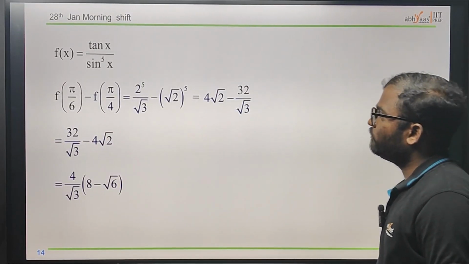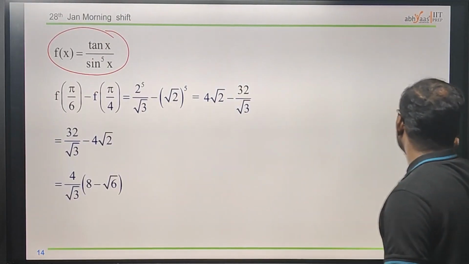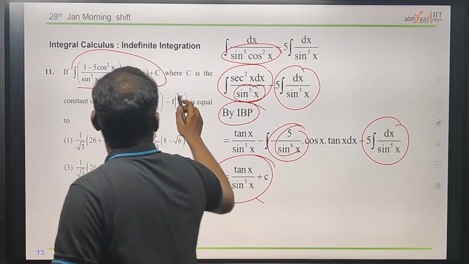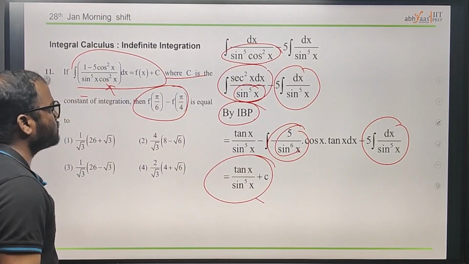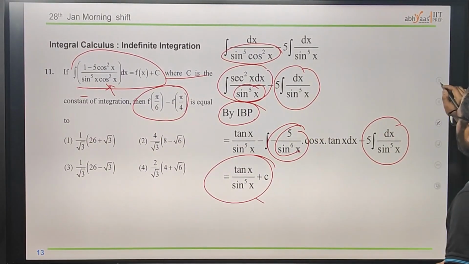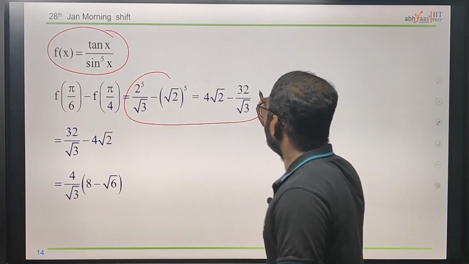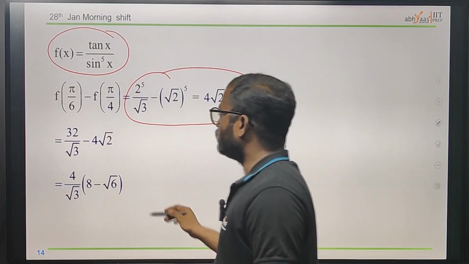Now if you see here, f of x will be tan x by sine power 5 x. We got this because c is a constant of integration, and we need to find f of 5 by 6 minus f of 5 by 4. If we substitute, we will get 4 root 2 minus 32 by root 3, which will be equal to this one.